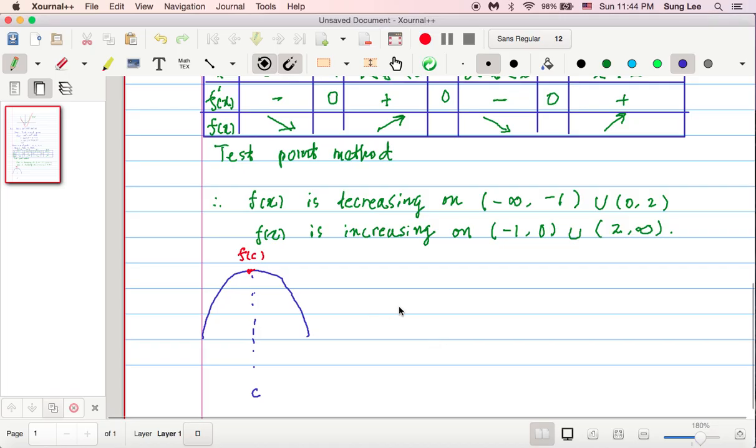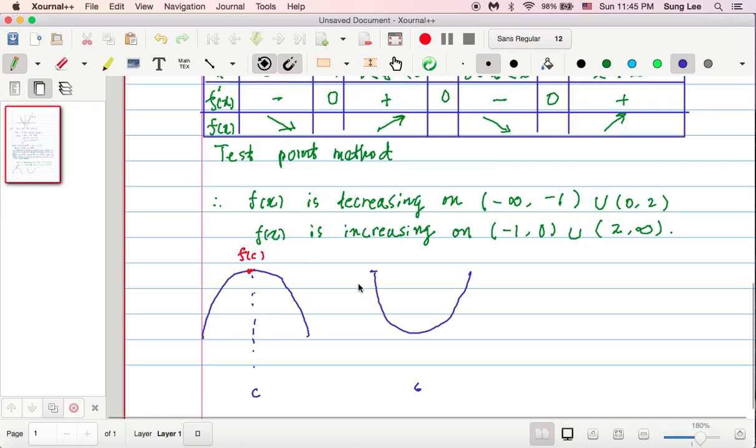positive, that means f of x is changing from decreasing to increasing, right? Decreasing to increasing. So locally we have this kind of shape. So this is where the critical point C is, right?